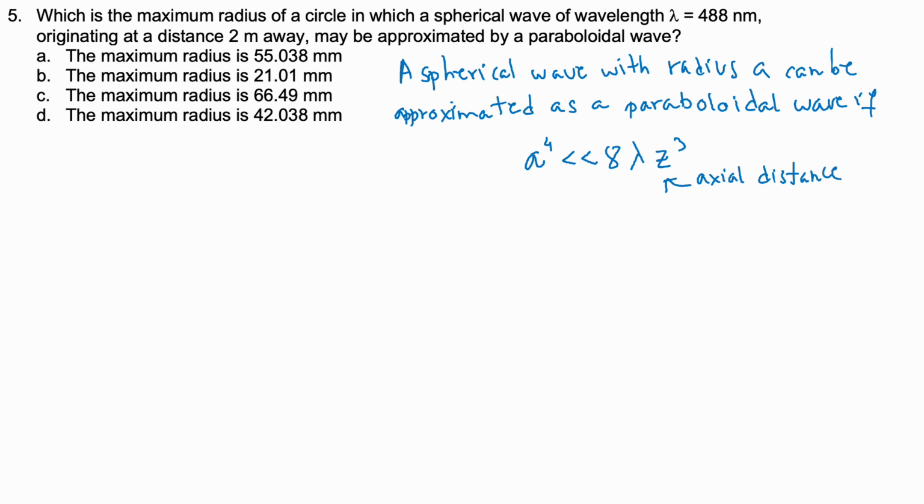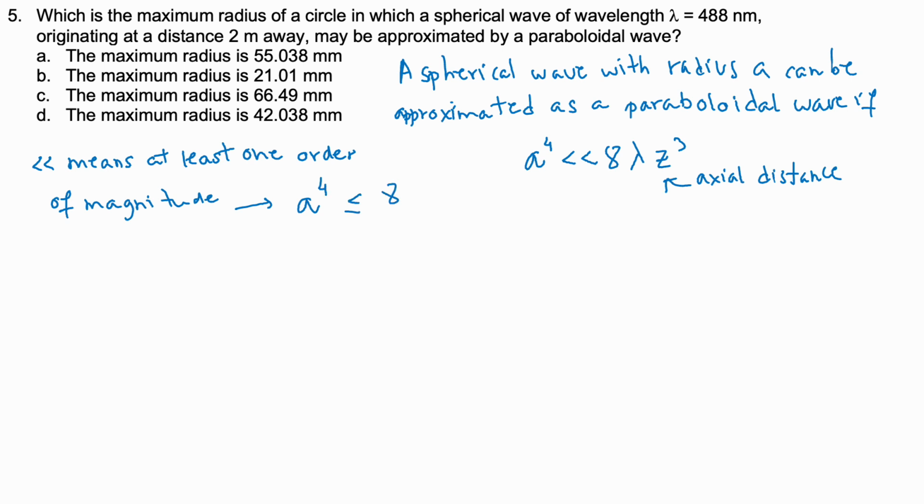Much smaller means at least one order of magnitude. So our radius to the power of 4 needs to be smaller or equal to 8 times lambda z cubed divided by 10, and that 10 is because there is at least one order of magnitude.